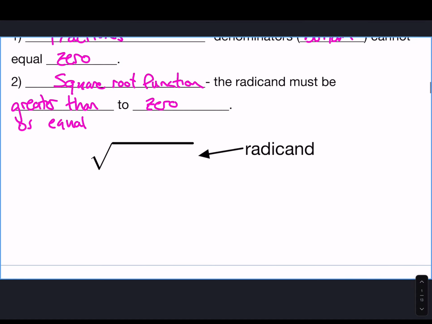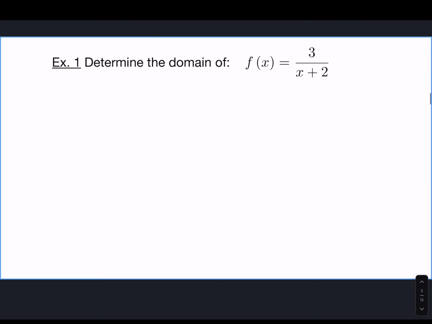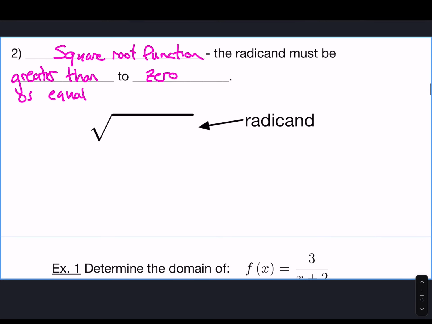Okay. Example 1. We want to determine the domain of f of x equal to 3 over x plus 2. So, how do we find the domain? Let me go back.